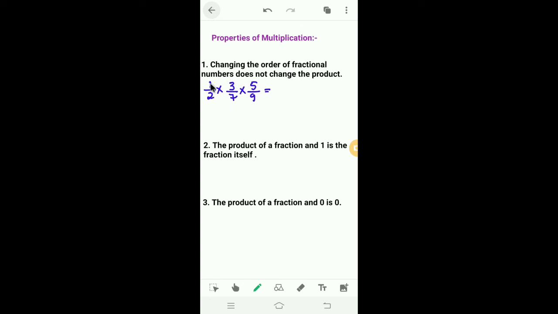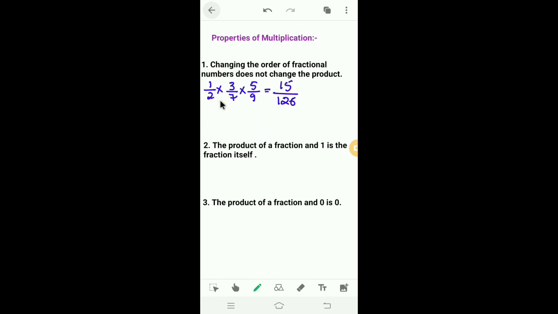If we multiply all the numerators, then the product is 1 into 3 is 3, 3 into 5 is 15. 15 by 2 into 7 is 14, 14 into 9 is 126. So the answer is 15 by 126.